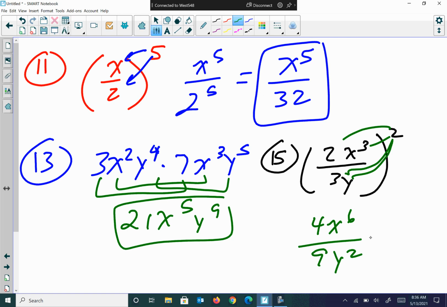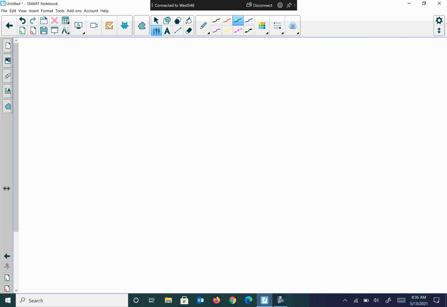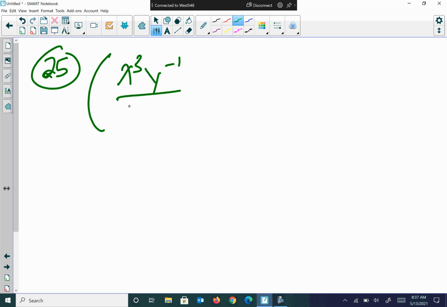And then we went to 25 through 29 odd? Is that what it was? Everyone feel comfortable with that? All right, 25. Let's see, 25 says x to the third, y to the negative 1. Oh no, a negative exponent. What should we do? Y to the 8. And this is all raised to the second. So I would distribute everything in before I got rid of negative exponents.